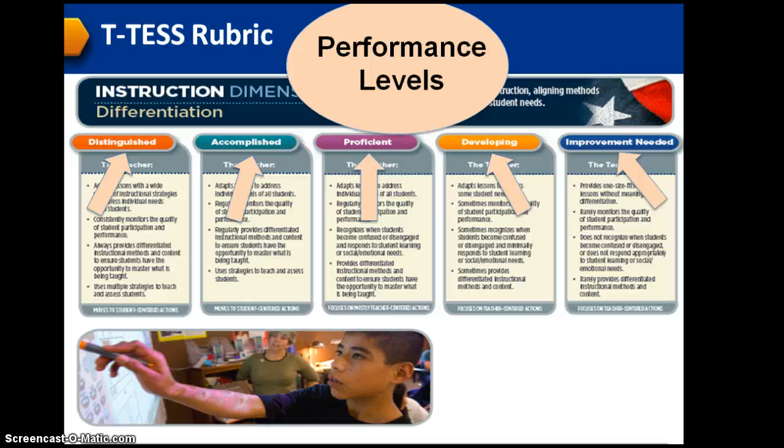Also, I want to explain to you that the way you will receive a ranking on this is that your appraiser will look at these individual descriptors and they will decide on these individual descriptors which one best describes what they saw in the classroom. And they're looking for a preponderance of evidence.